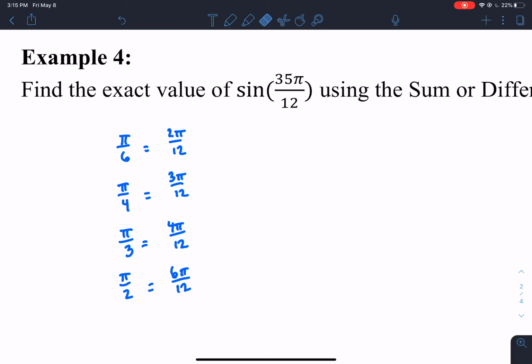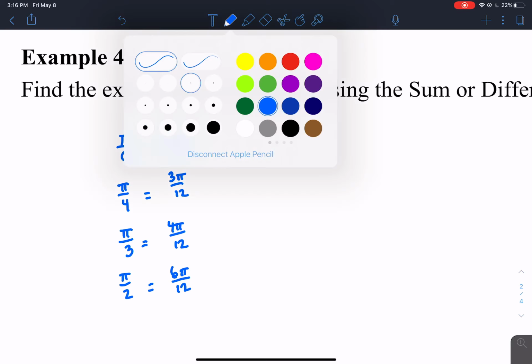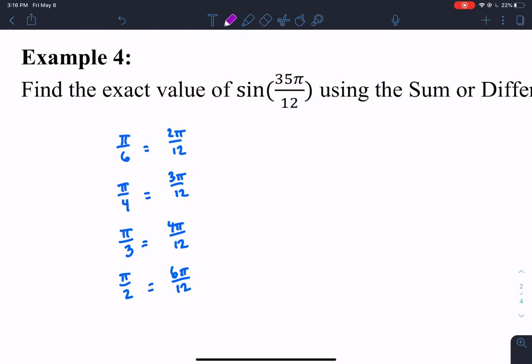But we can use multiples of these. Now, say, for example, I were to multiply this one by 5, right? That's going to give me 20 pi over 12, right?